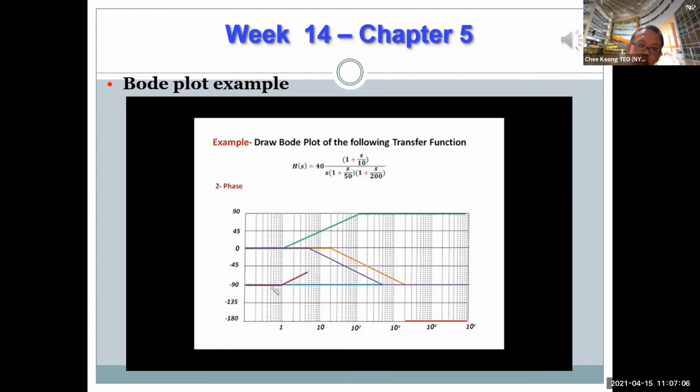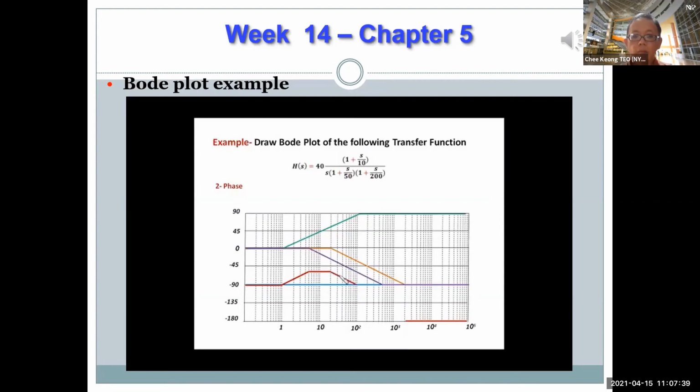After that, from 5 to 20, I will have plus 45 degrees and minus 45 degrees. That will give me a flat slope. So I will have it flat until I hit 20. And now what I will have is plus 45 degrees, minus 45 degrees, minus 45 degrees. That will give me a minus 45 degree slope. And it will continue until I hit 200.